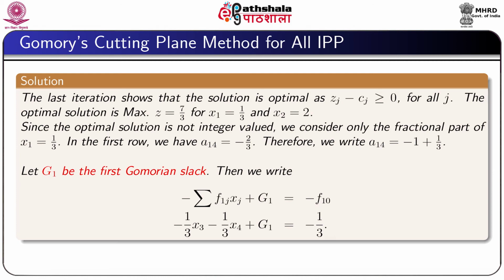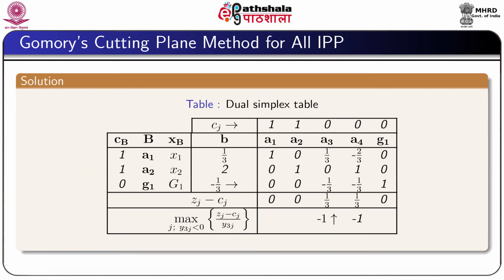So, using this Gomorian constraint, the optimal simplex table looks like this. We have an additional row, that is the third row, and an additional column, that is the last column, and since the third component of the vector B is negative, we cannot proceed with the usual simplex, we have to follow the dual simplex method.